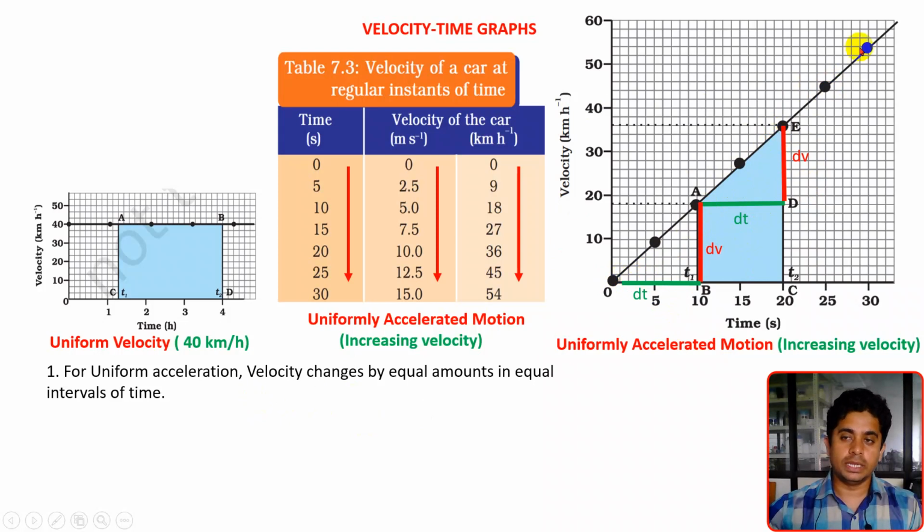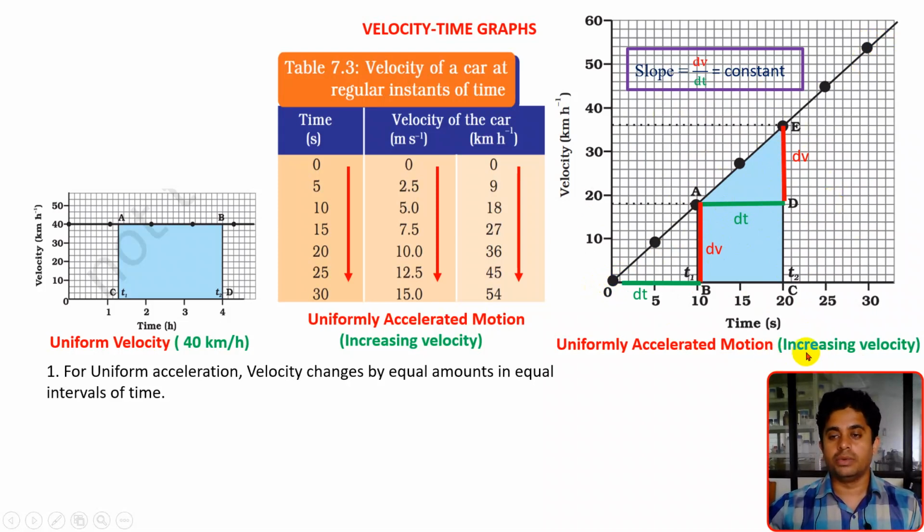Here velocity is increasing, but if I calculate the slope of this line, the slope is nothing but change in velocity divided by time. That is acceleration, the slope of this line. The slope of this line is constant. So here acceleration is constant, but velocity is increasing. As acceleration is constant, we call this uniform acceleration or uniformly accelerated motion.